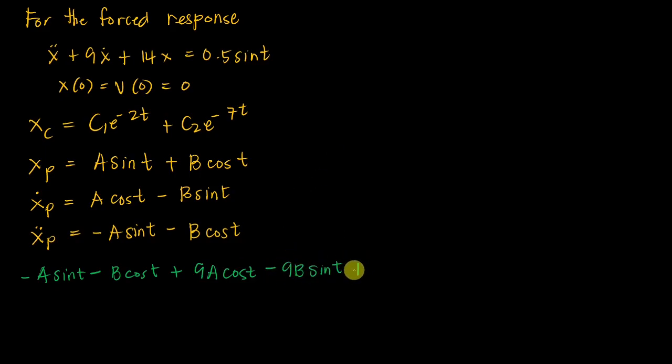Next, plus 14x, wherein x is our xp. So, plus 14a sine t plus 14b cosine t equals 0.5 sine t.